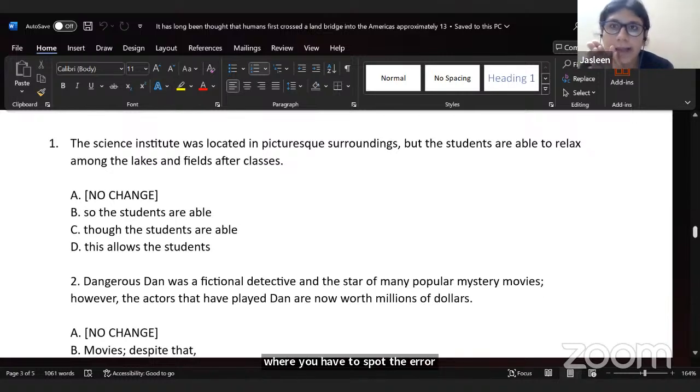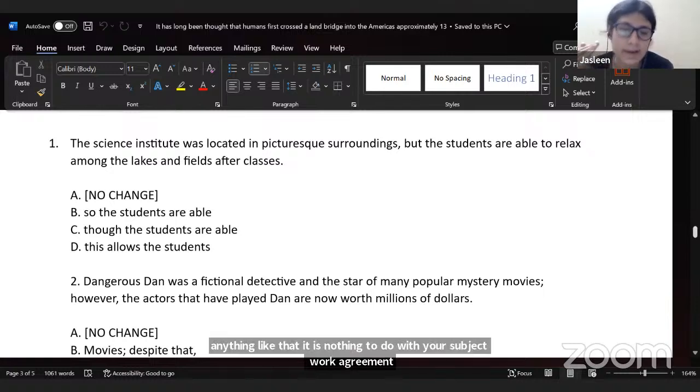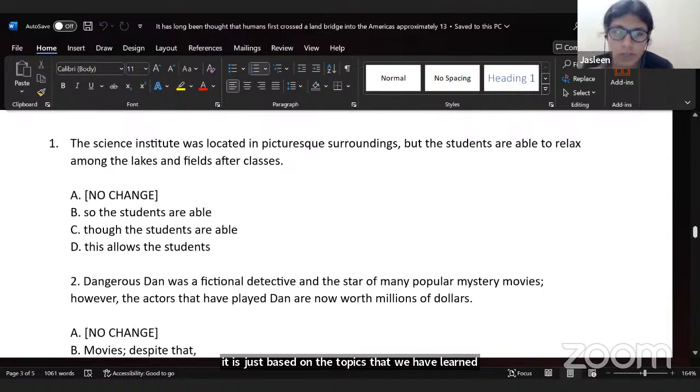It could be an error related to punctuation, or it could be an error related to supplements or linking clauses, or anything like that. It is nothing to do with subject verb agreement. It is just based on the topics that we have learned towards the end. So just read them, and you have to just figure out the error, whether there is no change or some kind of an error, and let us solve this together.